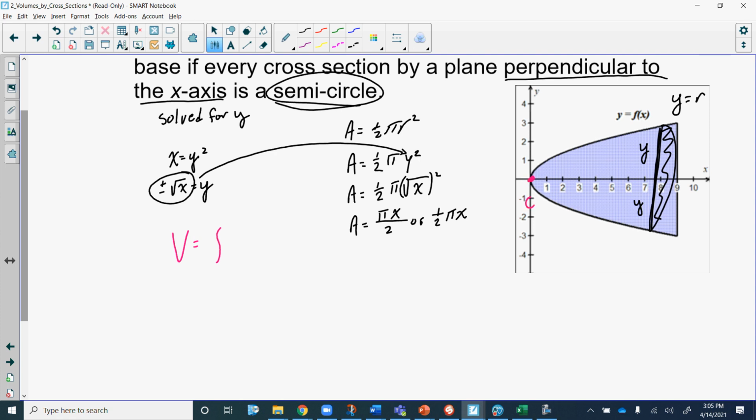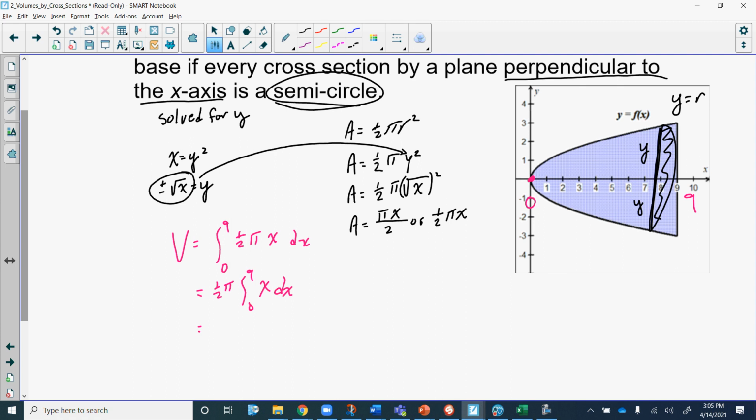So we're starting here at 0 and going through 9. That is my interval from 0 to 9, and we have one half pi x dx. I'm going to pull the one half and pi out as a constant, pi over 2 if you prefer, integral from 0 to 9 of x dx.